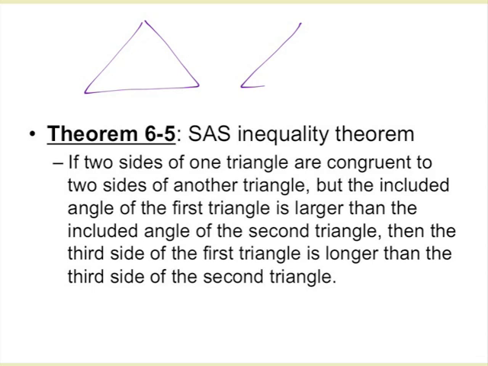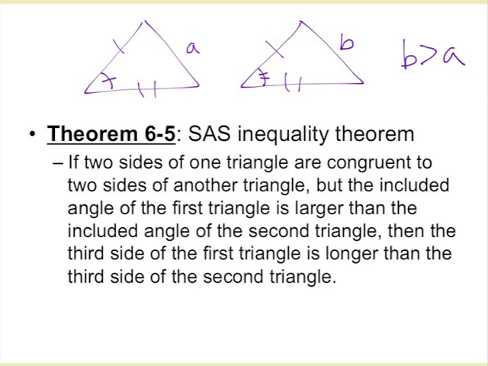in two triangles, if I know two sides match, and I know the angle between them does not match, then the side that is across from the bigger angle will be bigger.